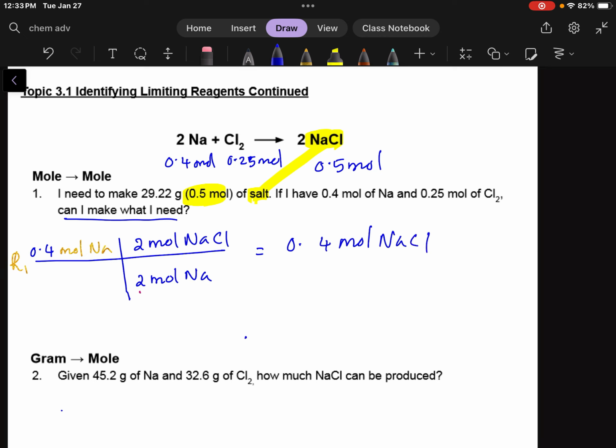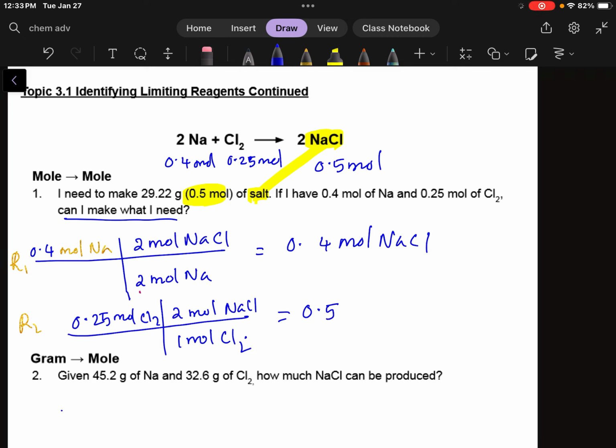Now let's start from reactant 2, which is 0.25 mole of chlorine. And we know that 1 mole of chlorine will produce 2 mole of NaCl, and you will get 0.5 mole of NaCl.